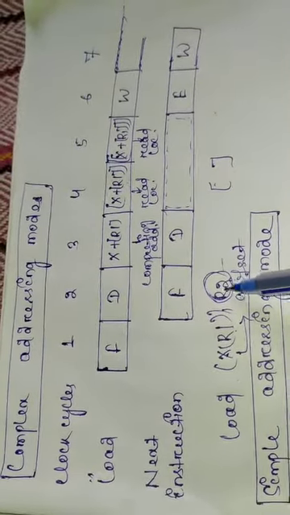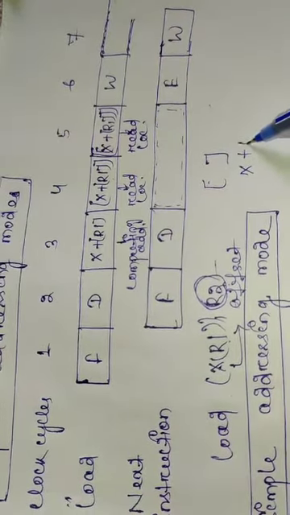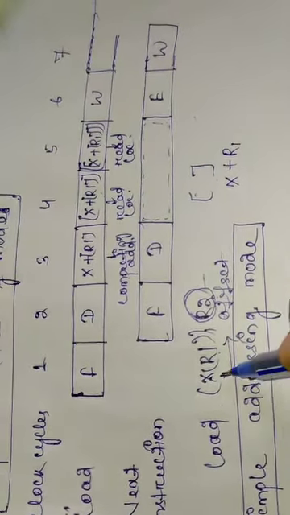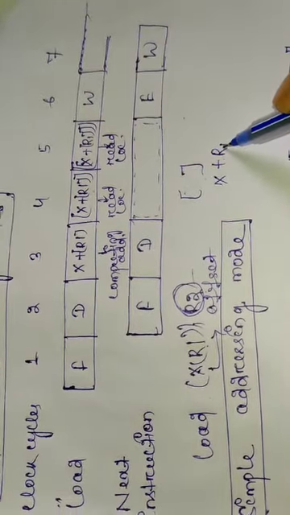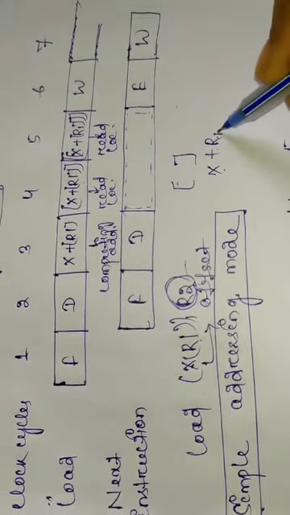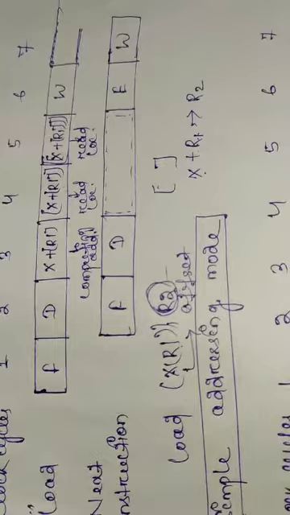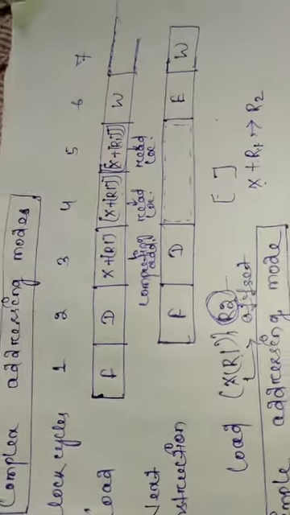That means we have to add x plus R1, that is, the offset value with R1, whichever address it is, it will be added with this, and then this will be loaded into the R2 register.